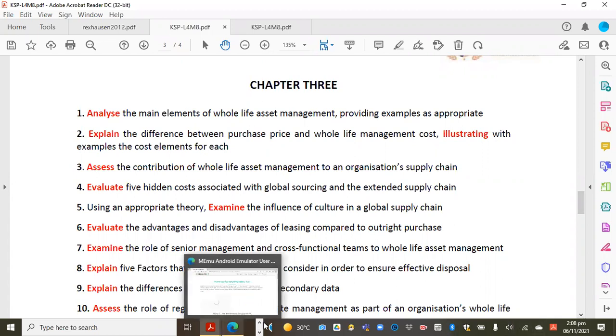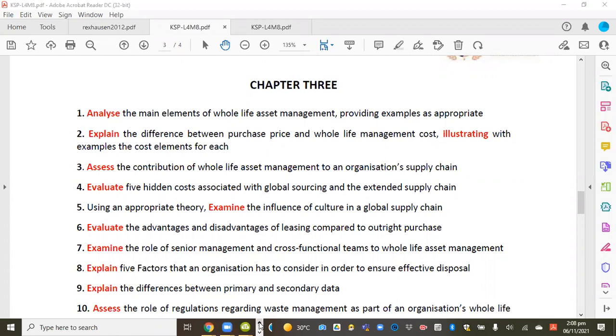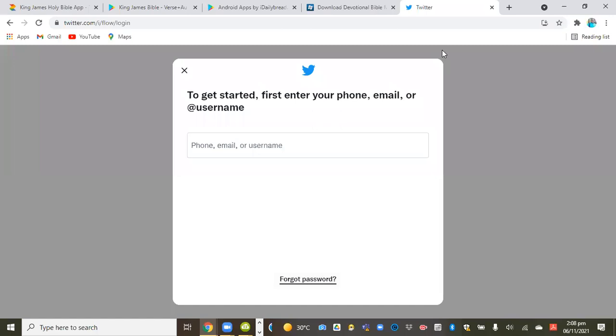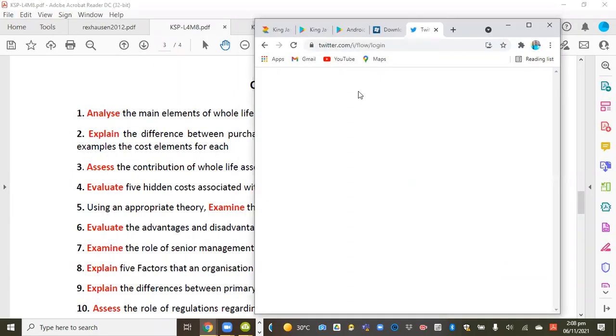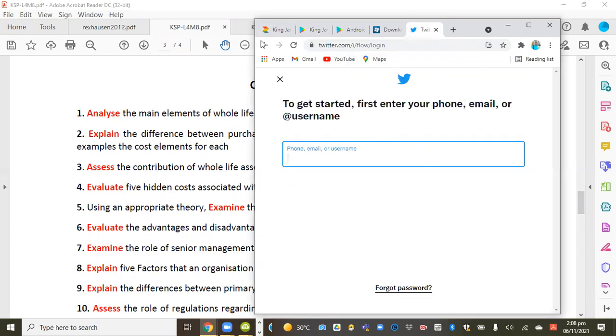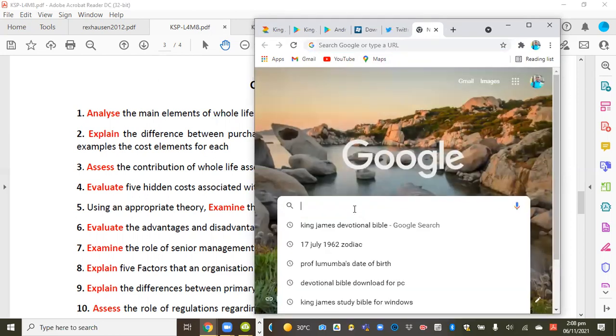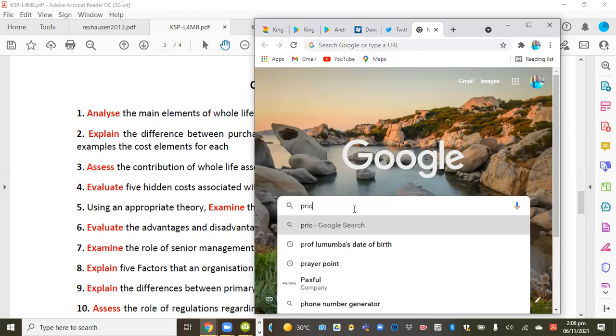Let me see if I can get it online. So that's the price iceberg.